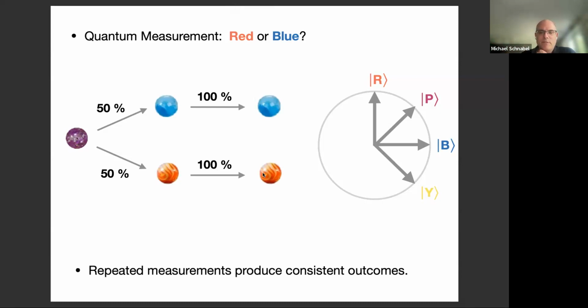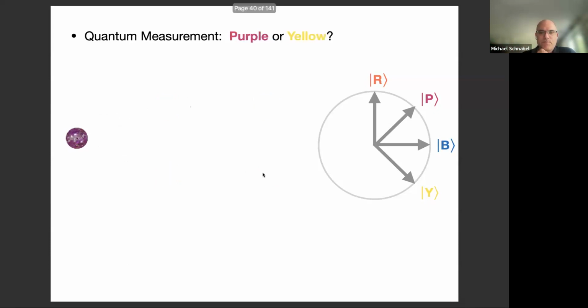Repeated measurements produce consistent outcomes. Now let's ask, are you purple or yellow? What will happen? We take this quantum marble and ask it, are you purple or yellow?